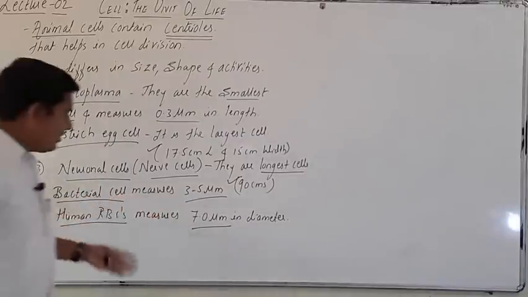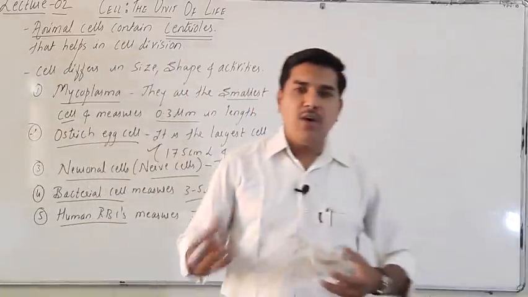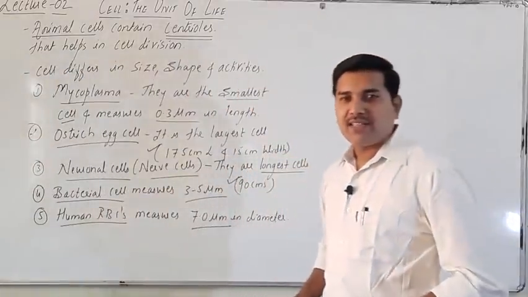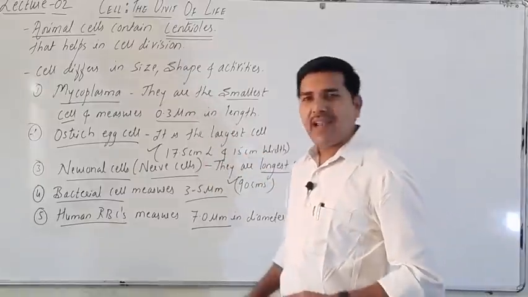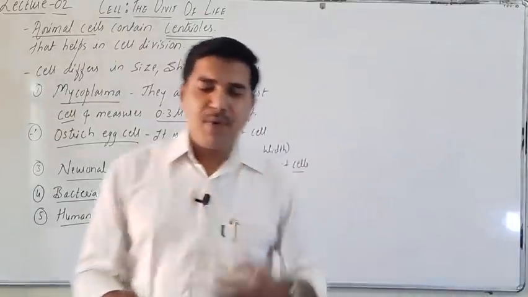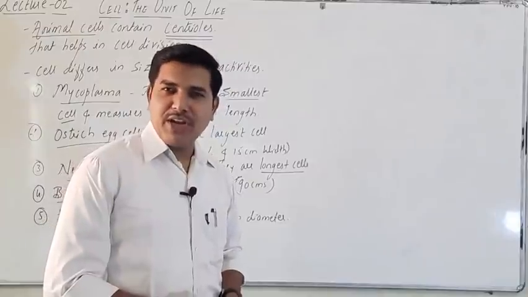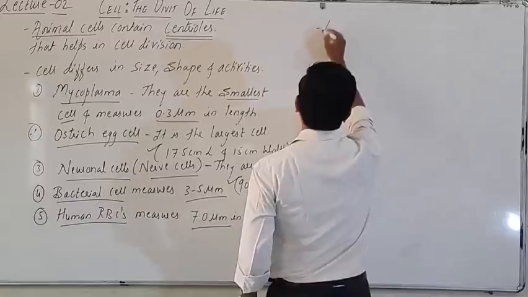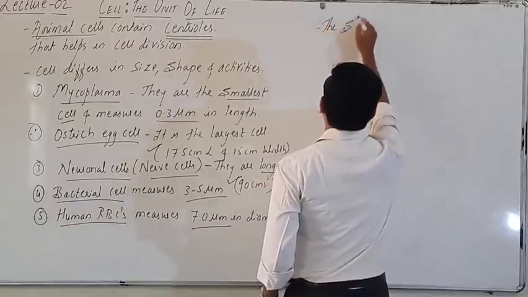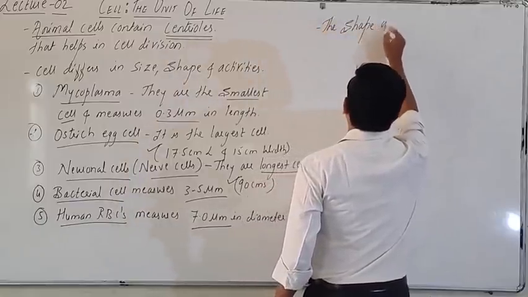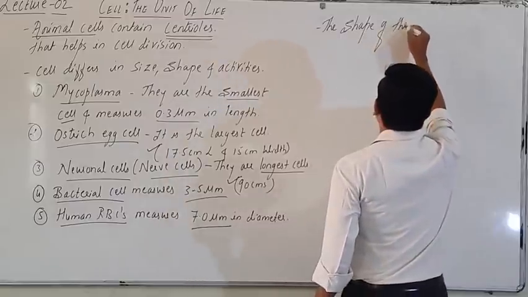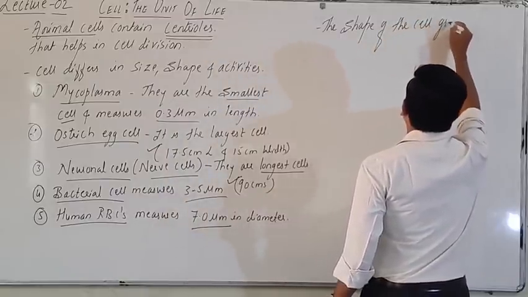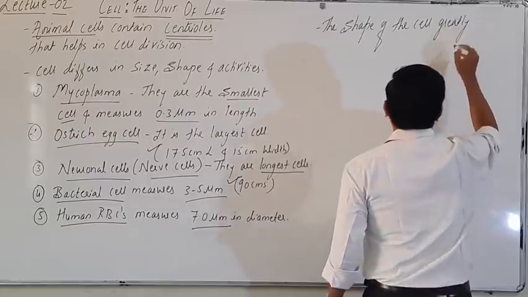Now this is regarding the various sizes of the cell. Apart from that, the shape of the cell might also be different. That means the shape of the cell greatly varies.